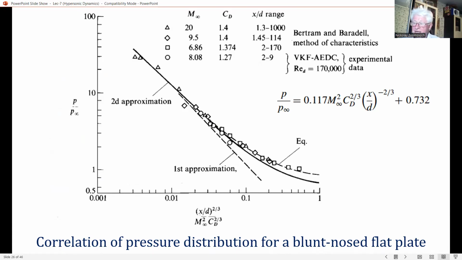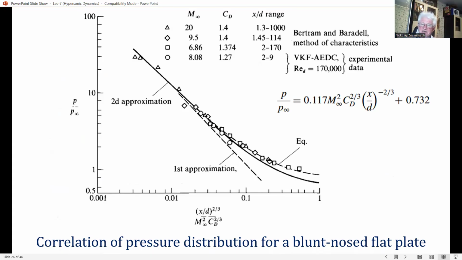So we may express in this equation P over P infinity as a coefficient times M infinity squared times C_D to the power 2/3 and x to the power minus 2/3, plus a coefficient. For the theoretical result, the origin is again shifted by the amount delta x, where delta x equals 2/3 d.